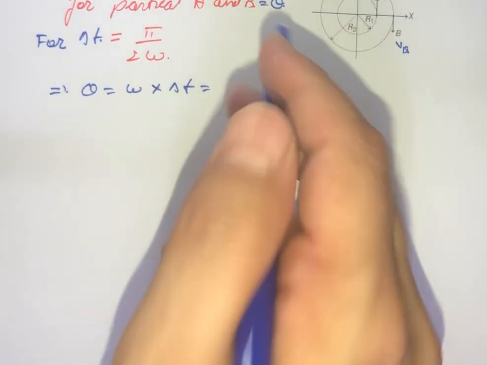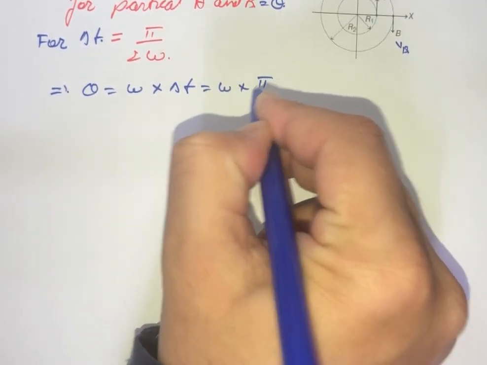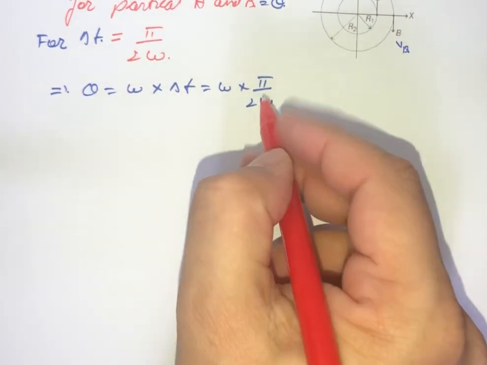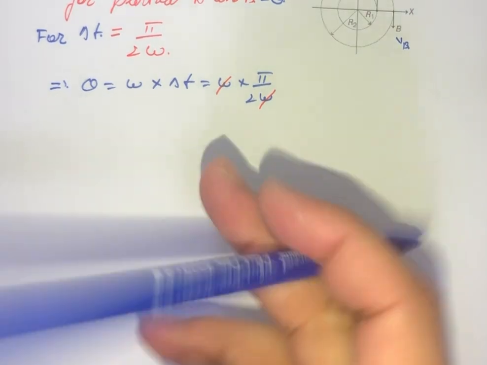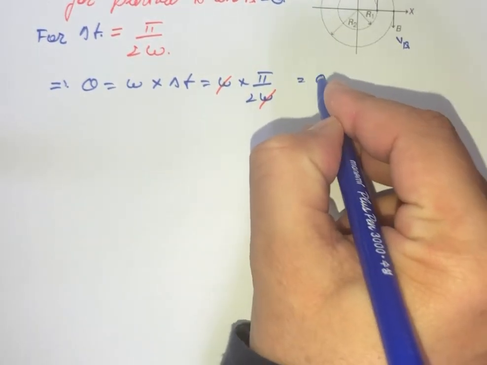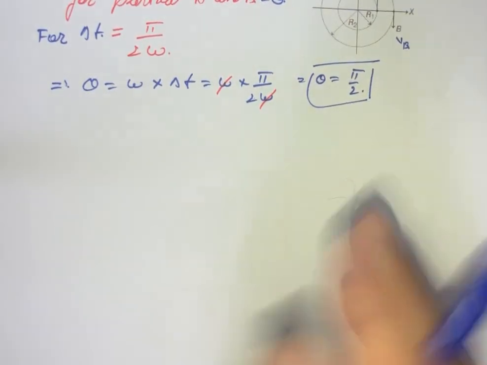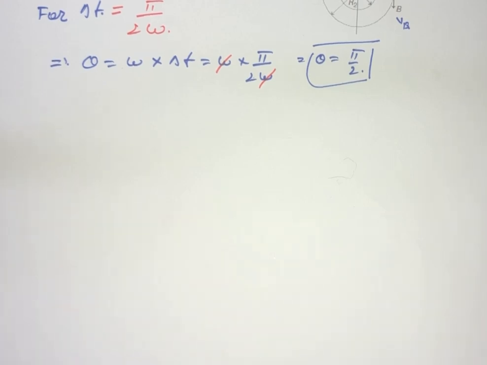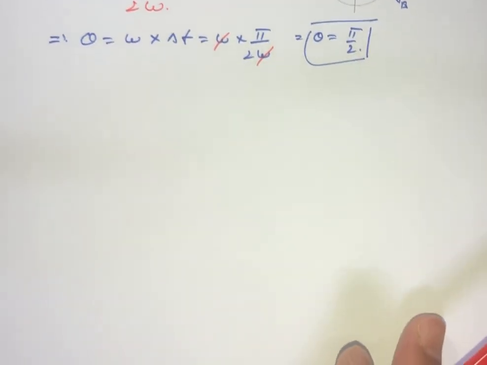We substitute the value, omega into pi by 2 omega, and omega cancels out. So from here we get that their angular displacement theta is equal to pi by 2. So let's draw a new figure based on this angular displacement.